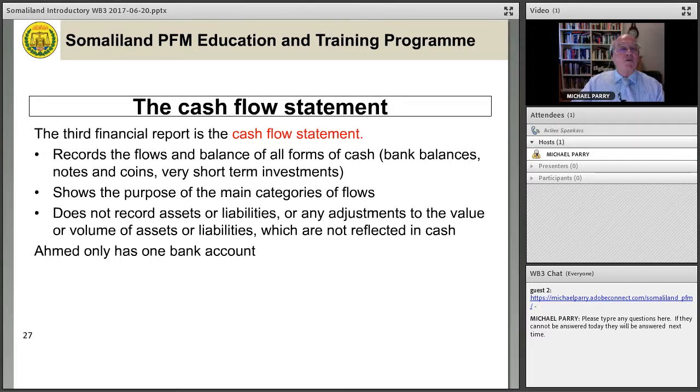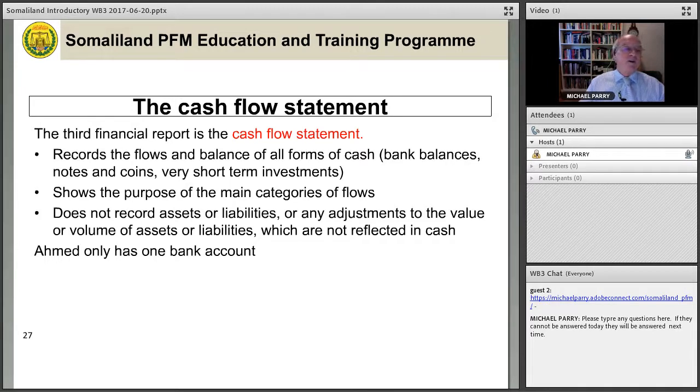All of those are treated as cash, and the cash flow statement will show the flows of cash over a period and the major category. Notice the cash flow statement does not record assets or liabilities or any adjustments to their value. So it doesn't show you the amount of stock, for example. You can have more or less stock, but the cash flow statement only records cash flows.